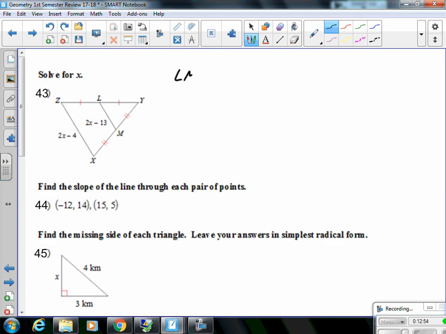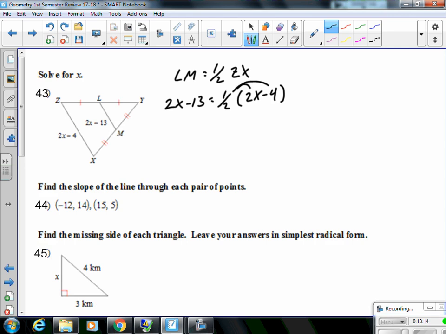So the length of LM is half of the length of ZX. So we know LM is 2x minus 13, and that's going to be equal to half of 2x minus 4, which is ZX.